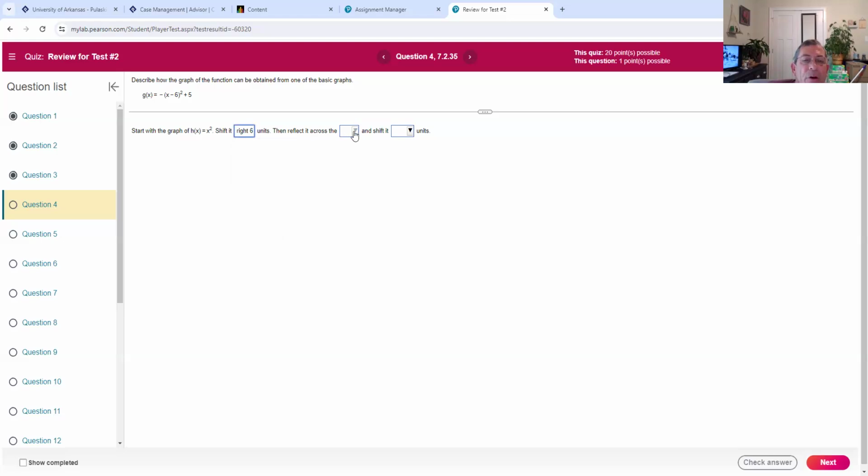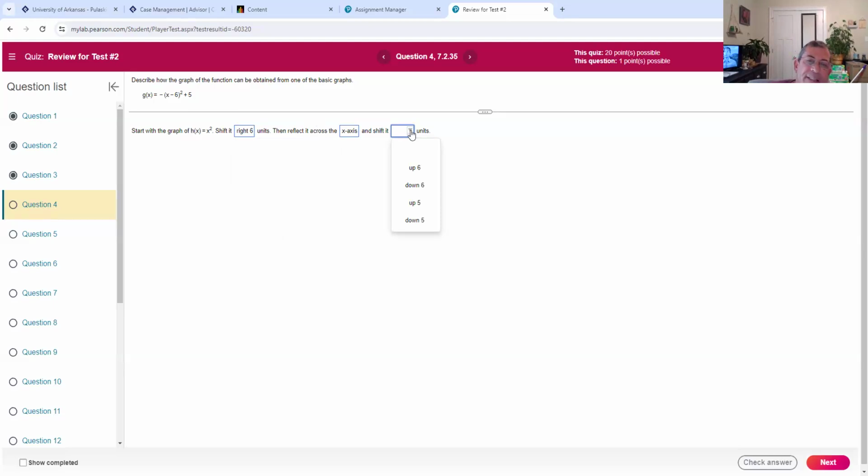Then reflect it across the x or y axis. And actually, we only used one of those at this point. The only axis we reflected over, good job, was the x. And y'all, then the 5 at the end says shift it blank units. So up 6, down 6.